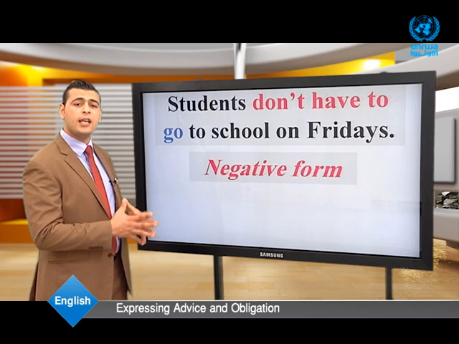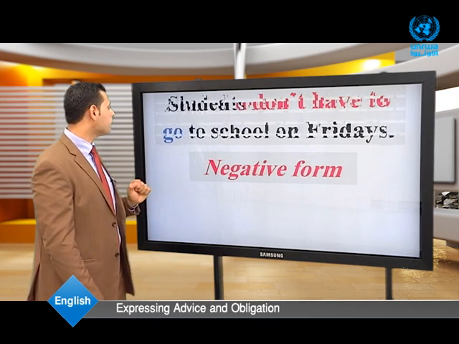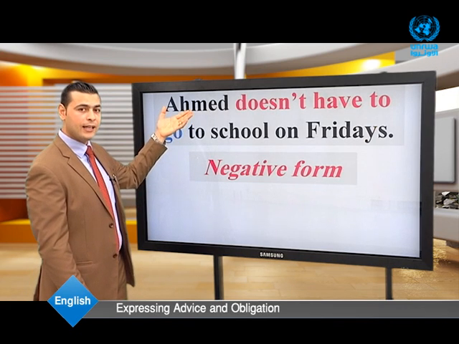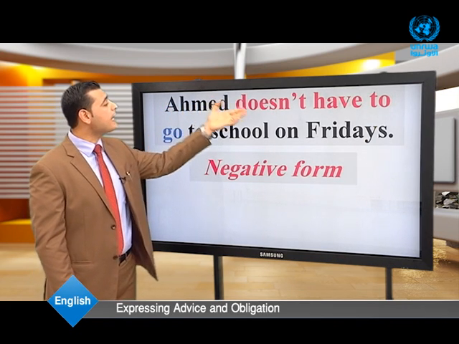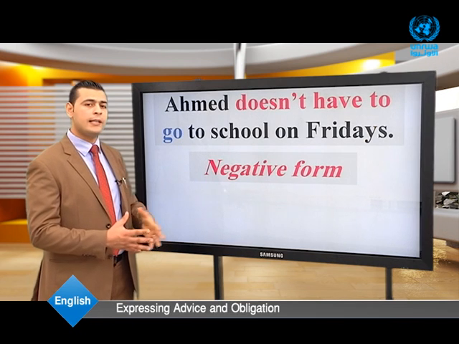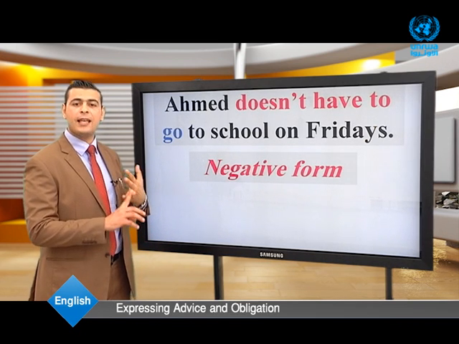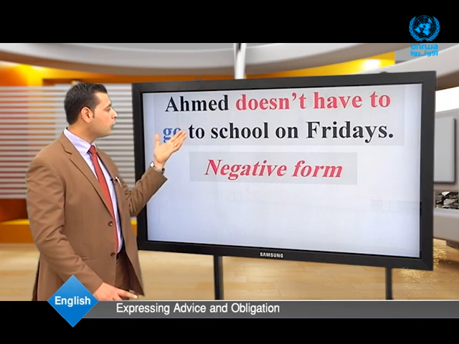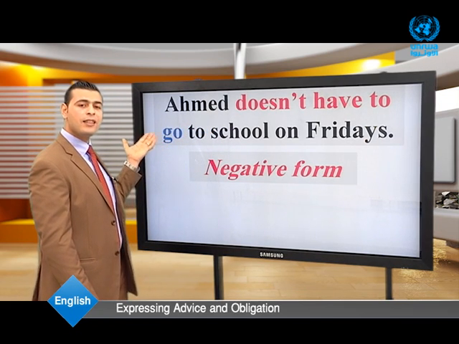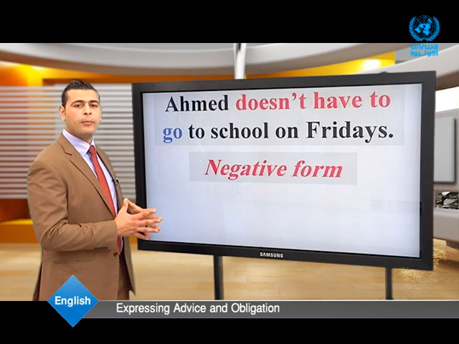What if the subject is singular? Ahmed, a singular subject, Ahmed doesn't have to go to school on Fridays. So students don't have to, but Ahmed doesn't have to. And after don't have to and doesn't have to, we have the base form of the verb.